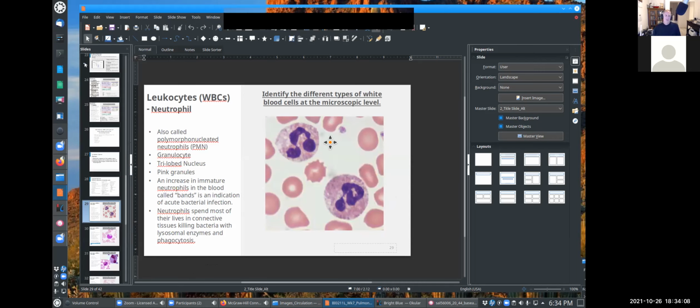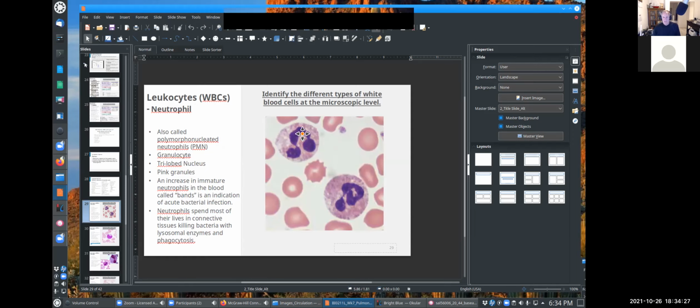They're all pretty distinct, and they each have different characteristics where you can separate them. So, neutrophil or PMN or granulocyte, a polymorphonucleated neutrophil, but just neutrophil is good enough.